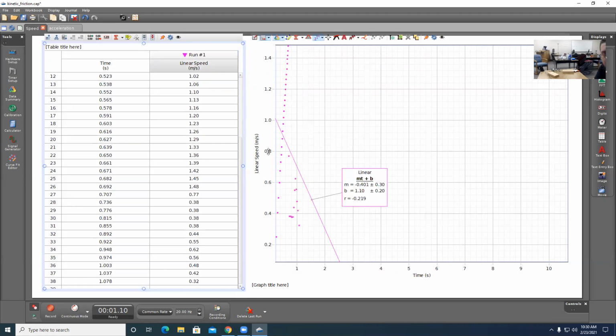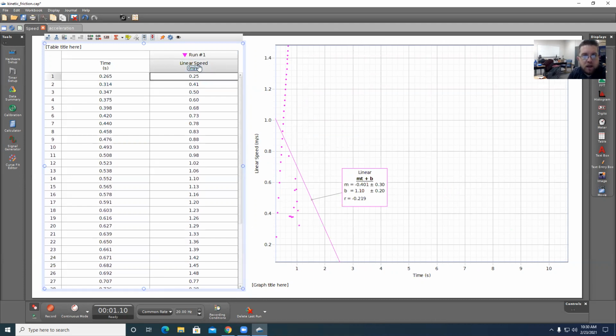Okay, and so there's a lot of data all over the place on this. As you can see, it goes up nice and linearly, and then it kind of just goes to hell. All right, and so what we want to be looking for is when does it go from accelerating nice and uniformly in a positive fashion to all of a sudden going negative, and it looks to happen right about there.